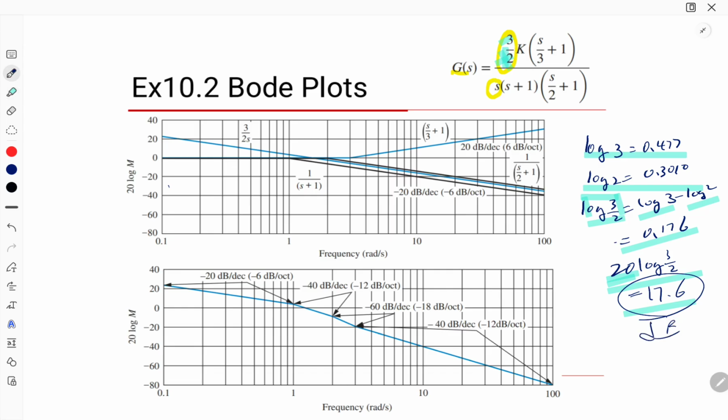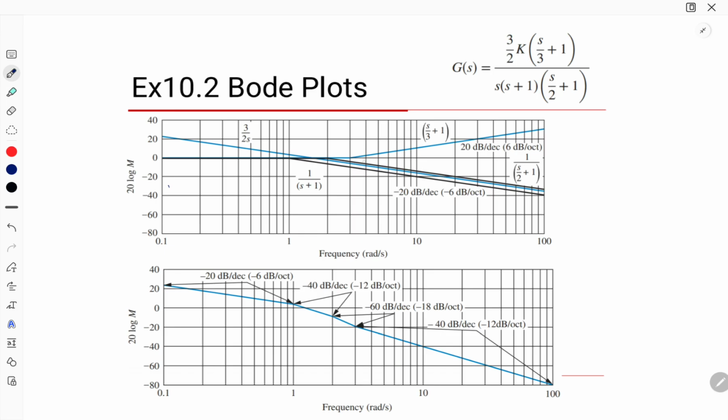So let's just finish up. Something interesting happens at 1, and something happens at 0. And something happens at, I'm going to just draw like this. At 1 it's going down because it's all in the denominator.